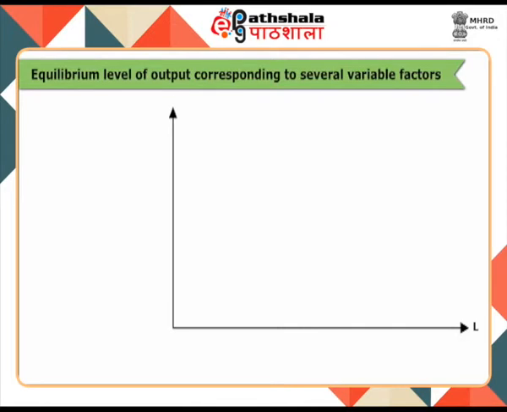Assume that the firm produces output Y1 by using capital K1 and labor L1 when factor prices are R1 and W1 respectively. In the diagram, this is shown by the equality of the slope of the isoquant Y1 and the isocost line AB at point E1.